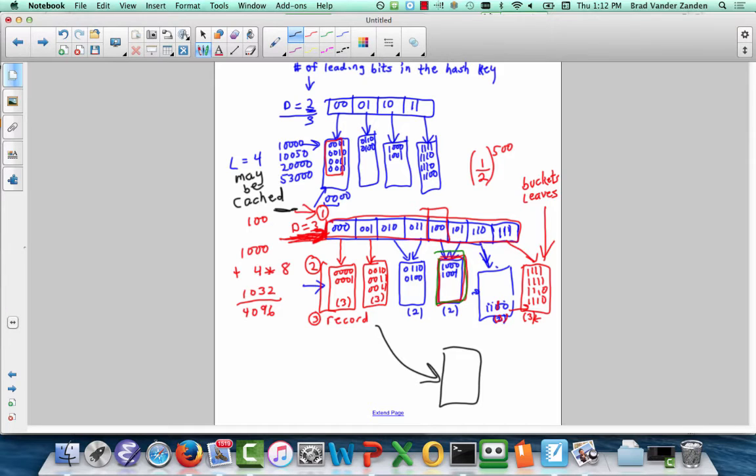So this scheme is only going to work if capital D does not get to be too big. Okay, and then the other question is, what is the average number of leaves? Here we have 6 leaves even though we have 8 index entries. So the top level directory is typically going to have far more entries than leaves.